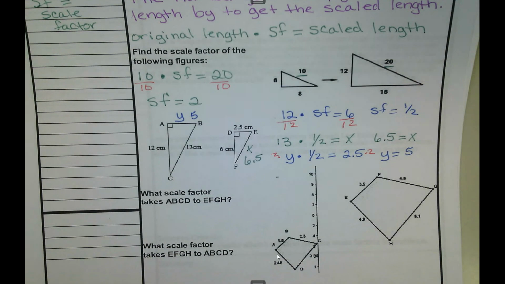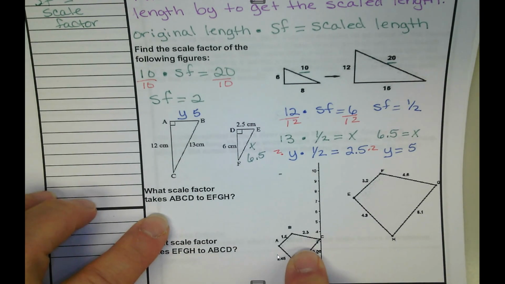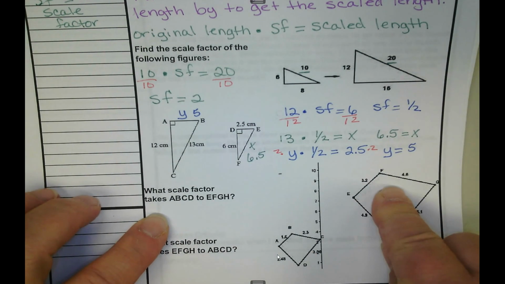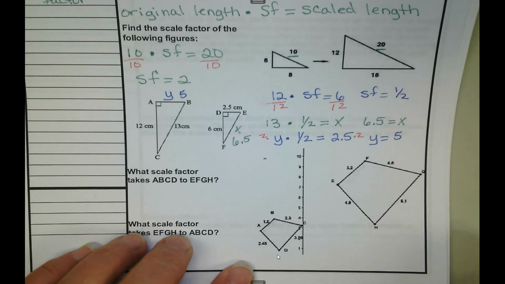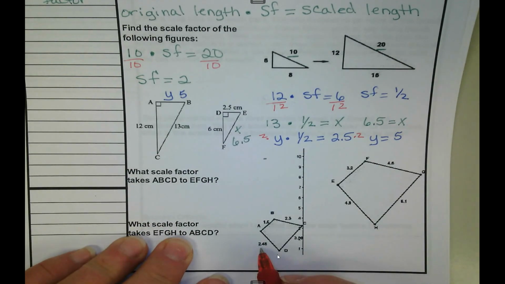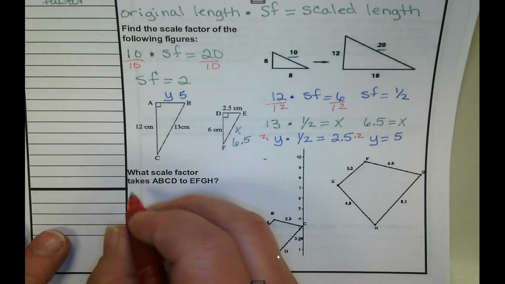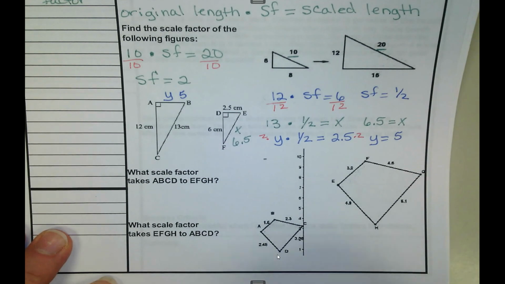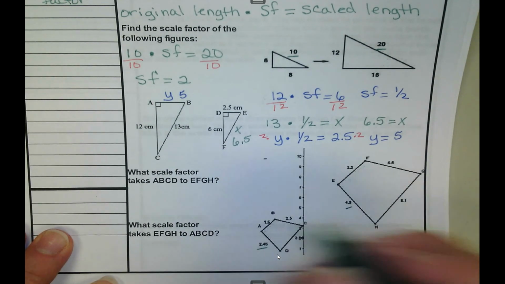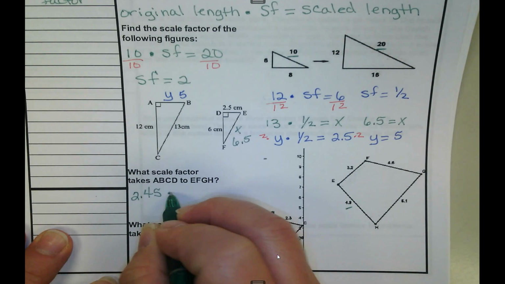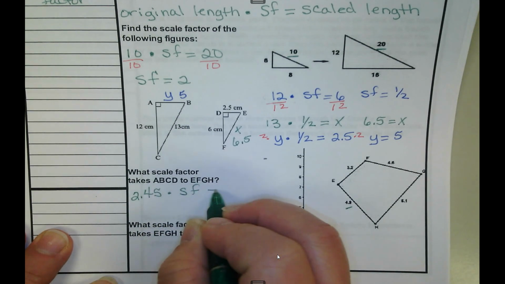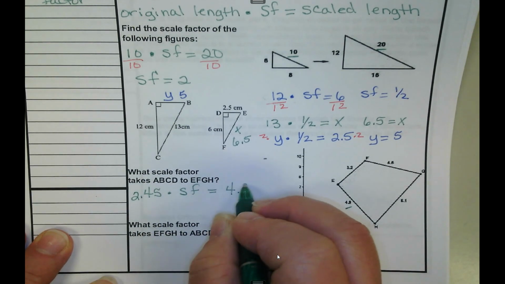So let's look at the next one. We're taking A, B, C, D to this one here. And these letters are really, really hard to see. This is 2.45 times my scale factor is equal to 4.9.